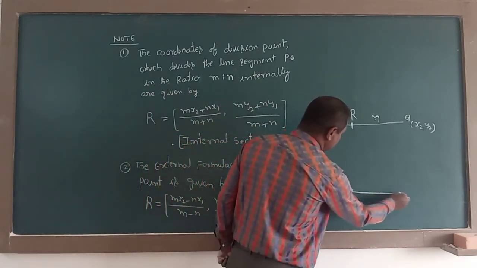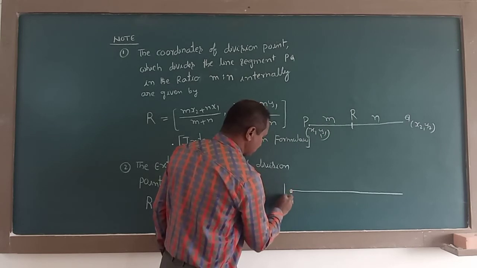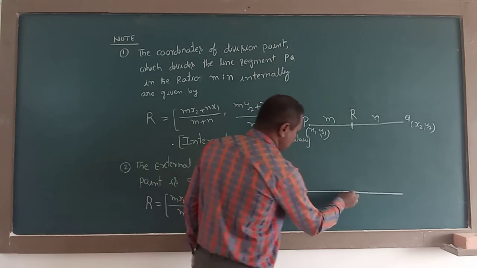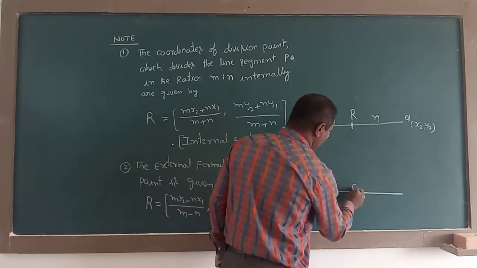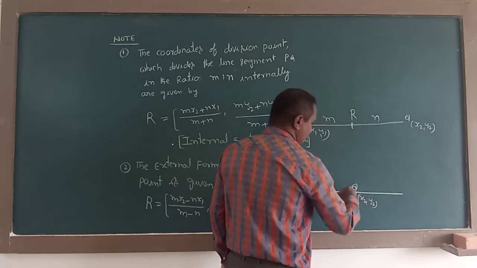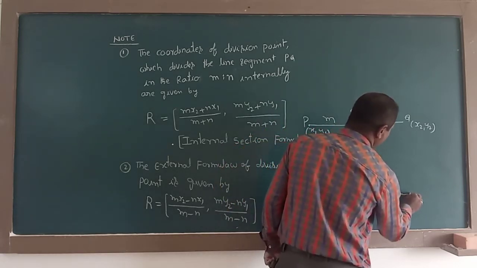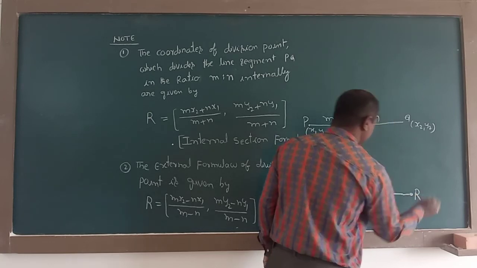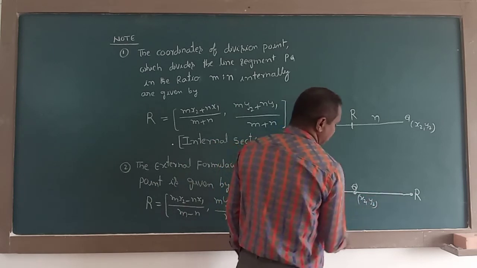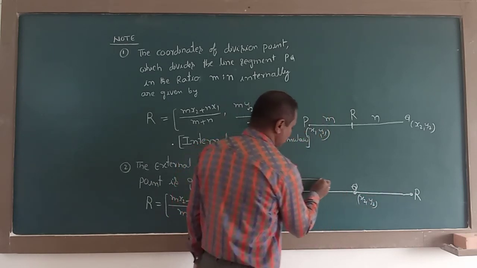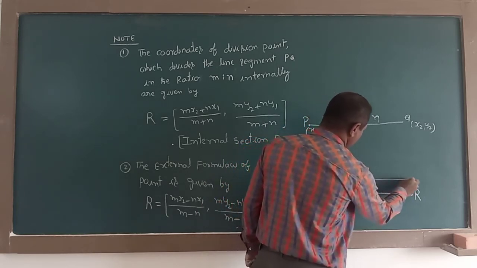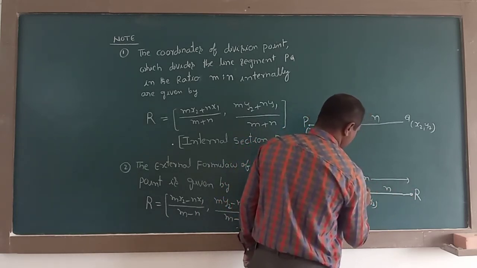See here the line segment. Here P is x1 comma y1, and here Q is x2 comma y2. The division point will come from outside. The total ratio is m, and this ratio is n. Up to here it is m, and here n ratios.